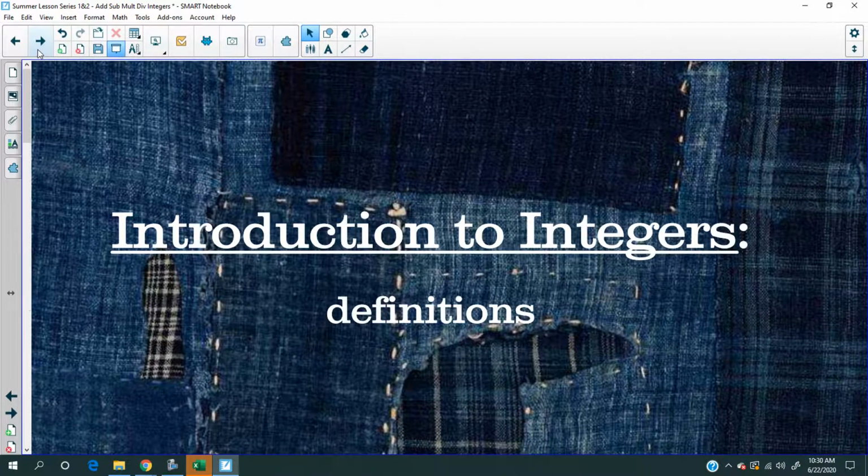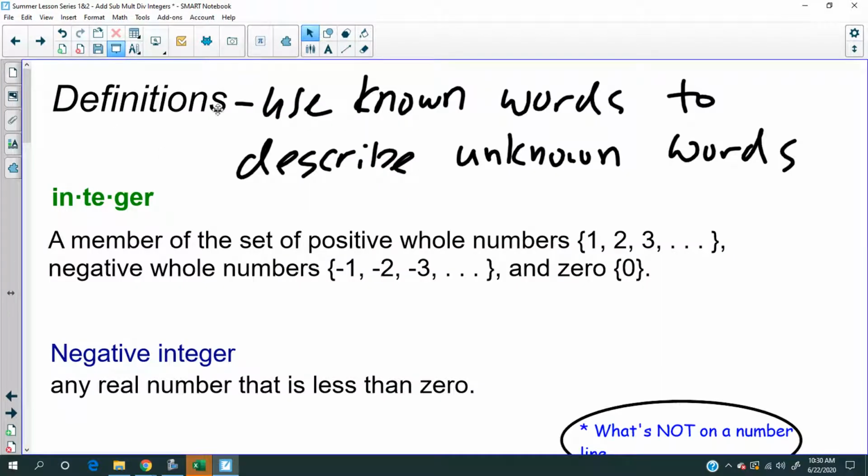When we talk about definitions now, we're not going to talk about the definition of a definition. We talked about this early in the year. So what's an integer? It's a member of the set of positive whole numbers, negative whole numbers, and zero. In other words, I'll tell you what's not an integer. This is not an integer. It's not a whole number. It has to be whole numbers.